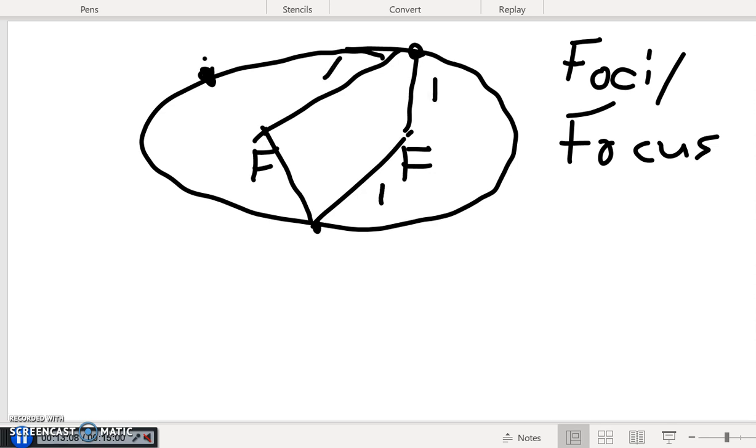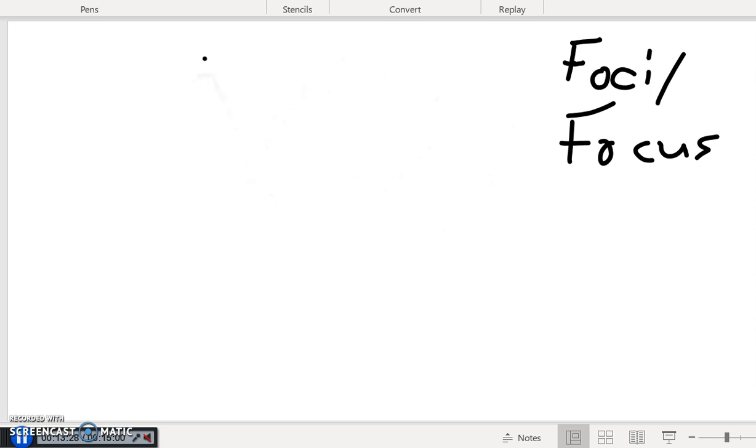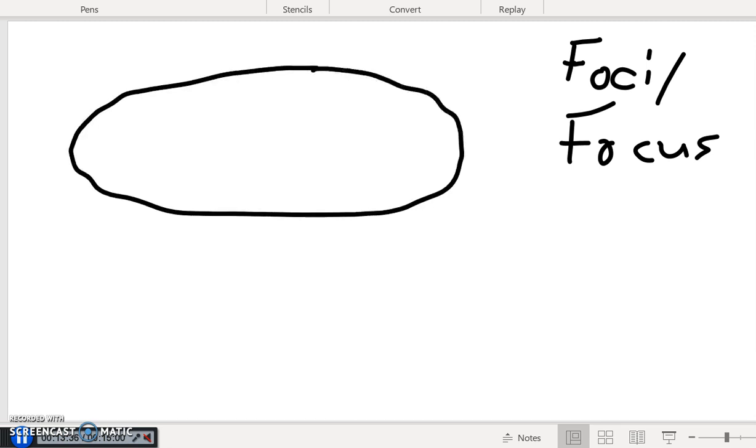And if I add up this leg and this leg, I'm going to get the same number. And it doesn't matter where I am on the ellipse, that will hold true. So the definition, if you want to think of it that way, that is a working definition of an ellipse. And a shape where from the foci, the distance from the foci to the boundary is a constant when I take both foci into account, right? So that's the definition of an ellipse.